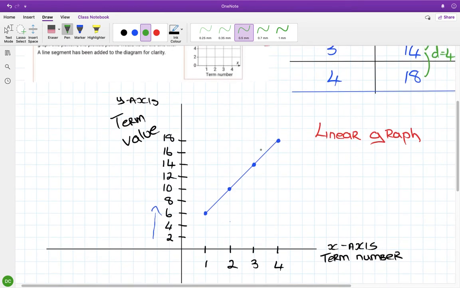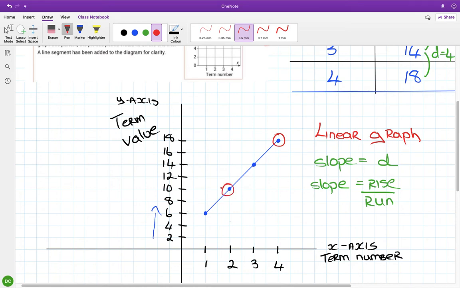So when we drew this graph, we would expect to get a line, and we did. The other thing we would have learned is that the slope should be the same as d. You get the slope by doing the rise over the run. You pick a point, and you pick another point, and join them with a triangle. The rise is going up.